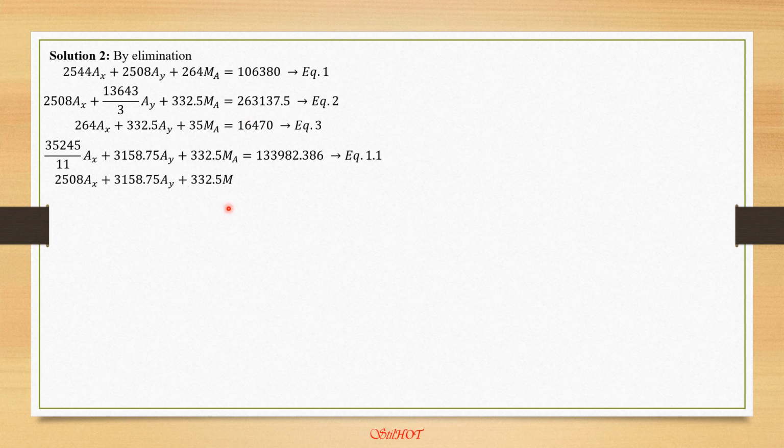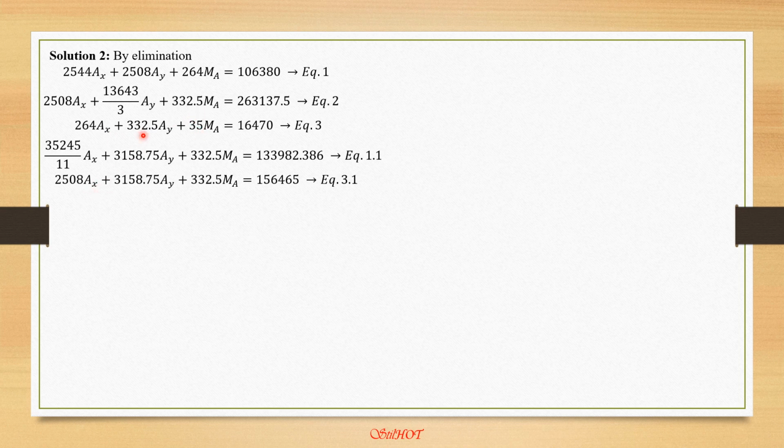So let's simplify. This is equation 3.1, by the way, after we multiply equation 3 here by 332.5 over 35. So the coefficient of MA in equation 3. The first term becomes 264 times 332.5 over 35, 2508 AX.